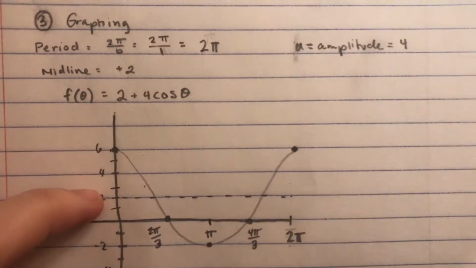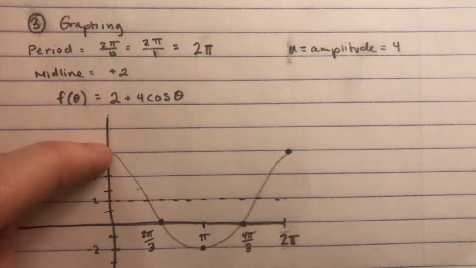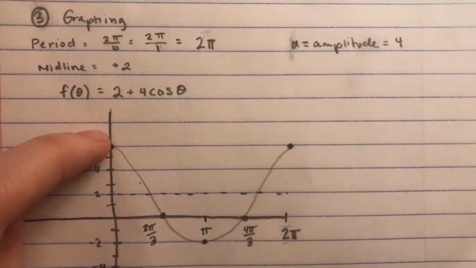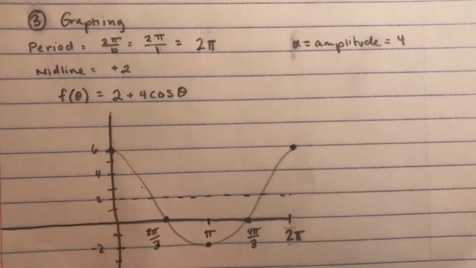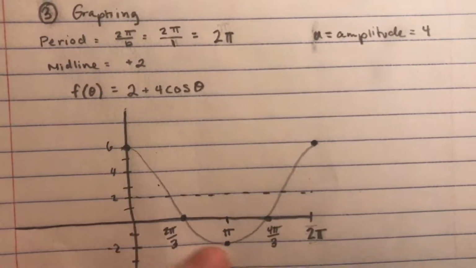So that means that our graph is going to go 4 above our midline and 4 below our midline here, which is expressed here.